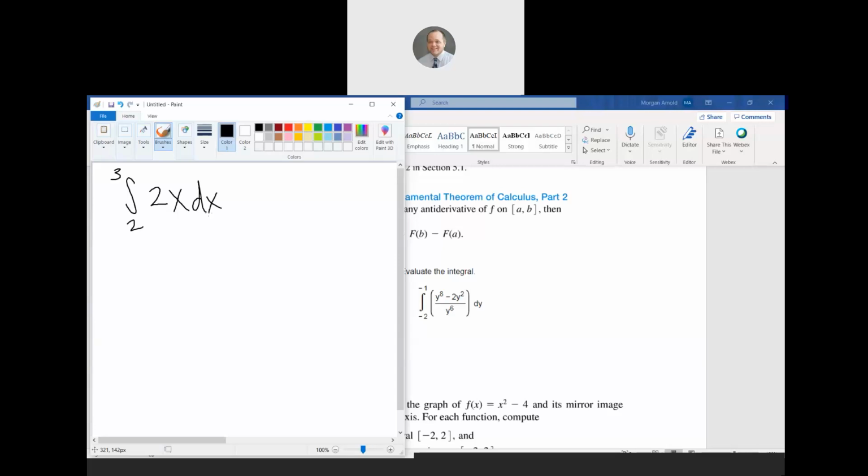The first step here, use the power rule in reverse for antiderivatives. We have 2x to the first power. You add 1 to the original exponent, and you divide your integral by the new exponent. That gives us 2x squared over 2, which simplifies to x squared once the 2's cancel.